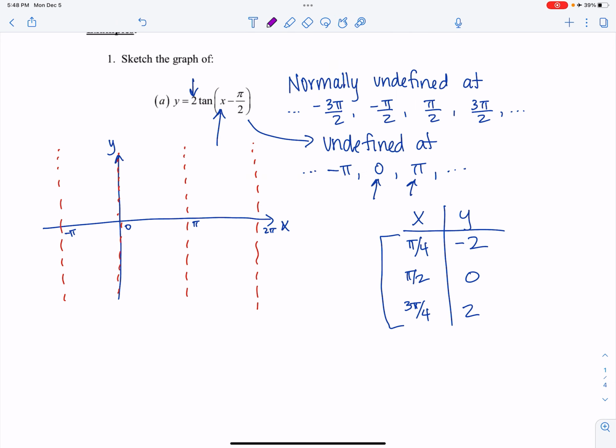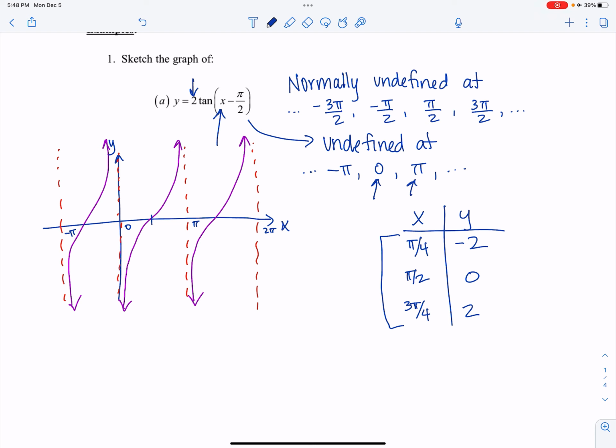And what does that look like? Well, it looks something like a stretched up tangent. And based off of our data, this should be a pi over 2.